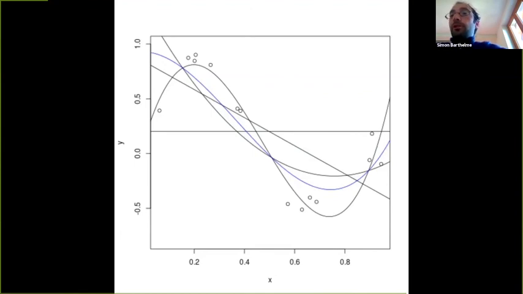It really depends on the dimension and on the geometry of the data. In dimension 1, for example, polynomials have the advantage of being computationally cheap, with ways of doing computations in less than n cubed time, so in less than quadratic time, actually.